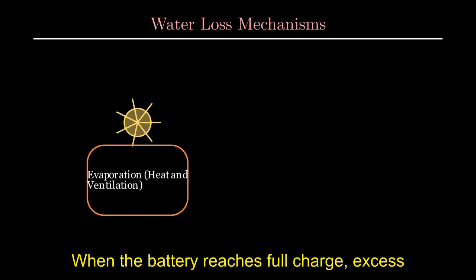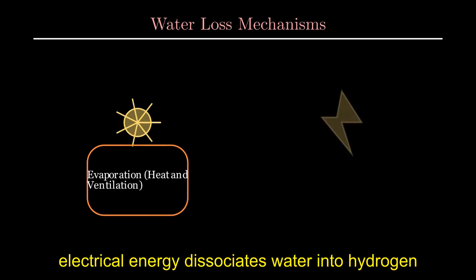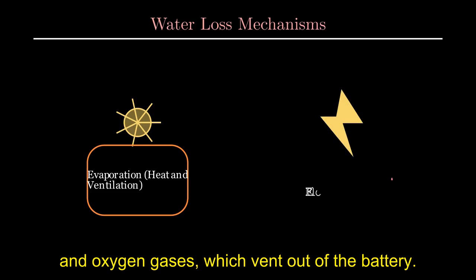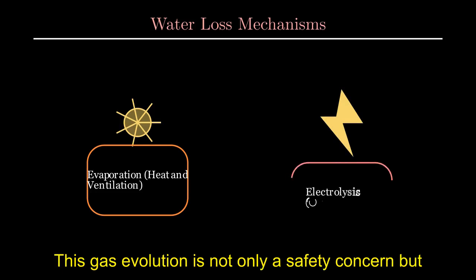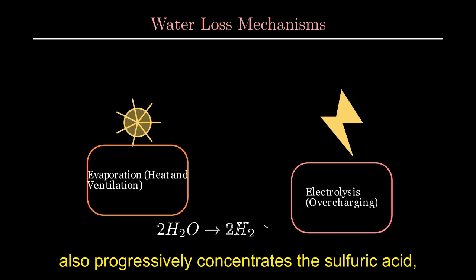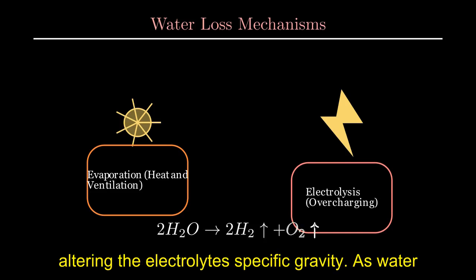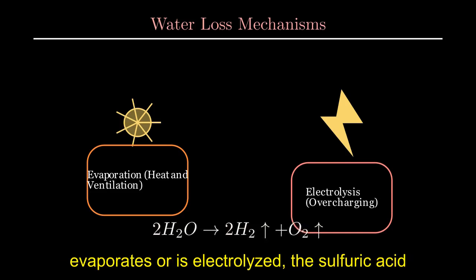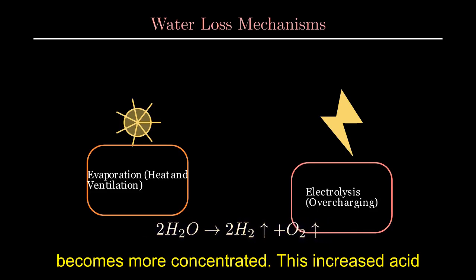When the battery reaches full charge, excess electrical energy dissociates water into hydrogen and oxygen gases, which vent out of the battery. This gas evolution is not only a safety concern but also progressively concentrates the sulfuric acid, altering the electrolyte's specific gravity. As water evaporates or is electrolyzed, the sulfuric acid becomes more concentrated.